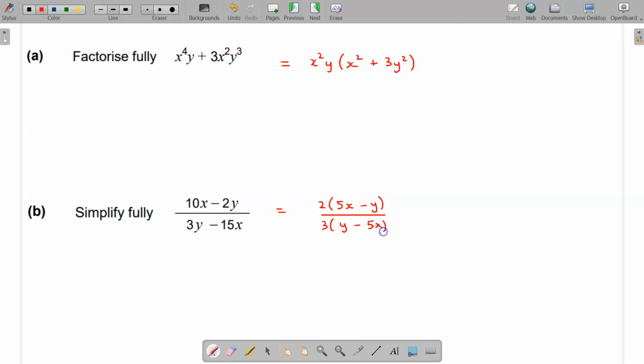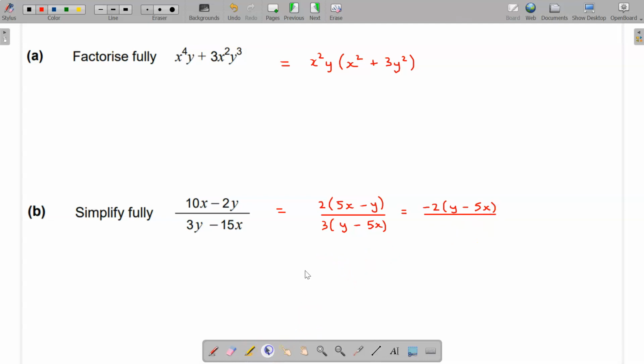Okay, now the two brackets there, one is just the negative of the other. So I can show that just by putting a negative sign in front of the 2 and multiplying that bracket by minus 1 to give me y minus 5x, you see. Okay, and then underneath that I've got the same that I already have.